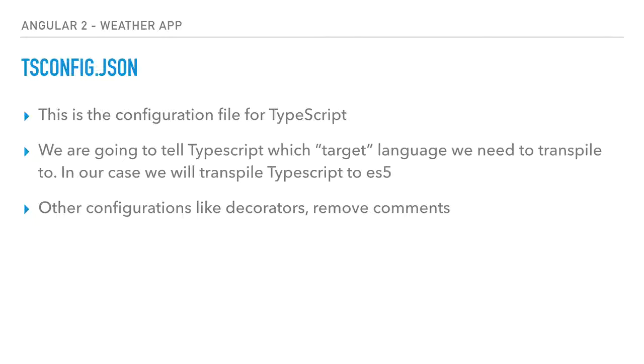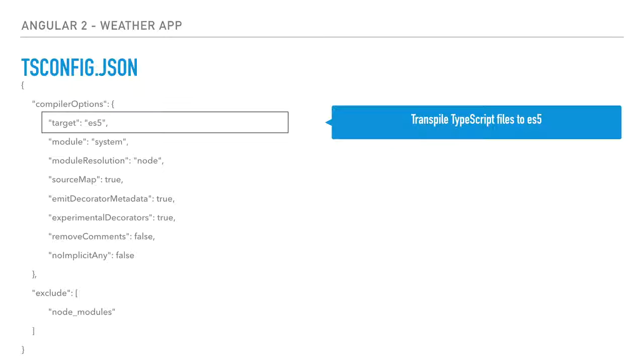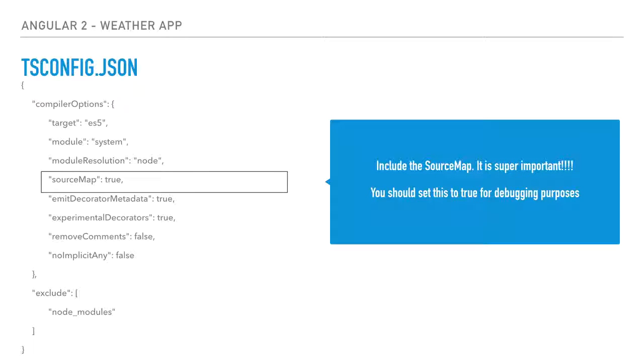So let's take a look at the tsconfig.json. It should look like this. As you can see, the first property that we have to configure is the target. We are telling here that it should transpile to ES5. This one is super important.